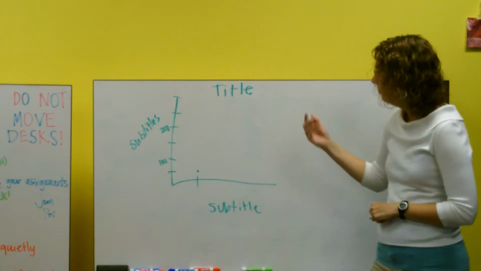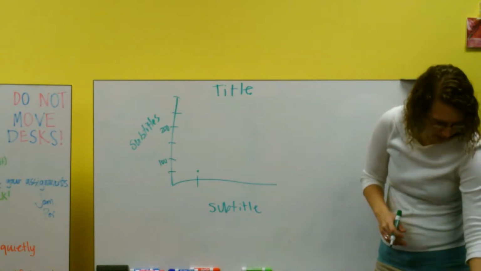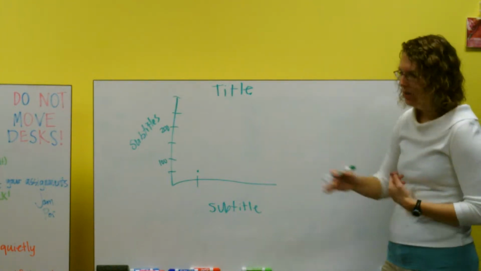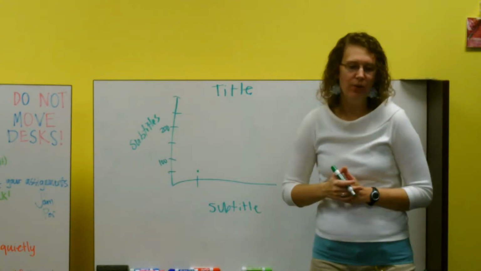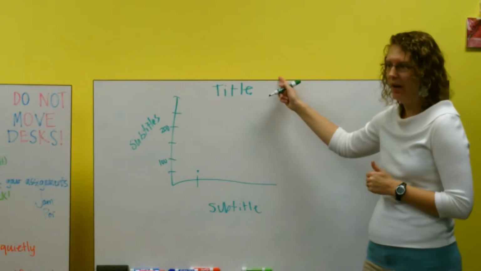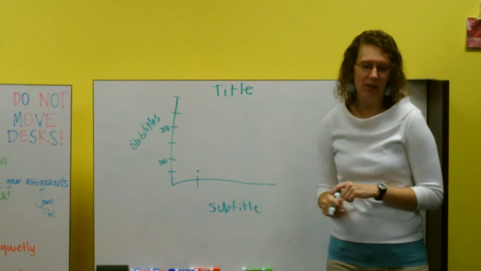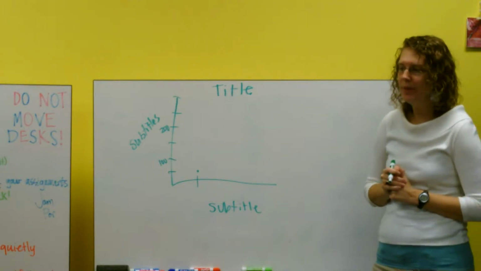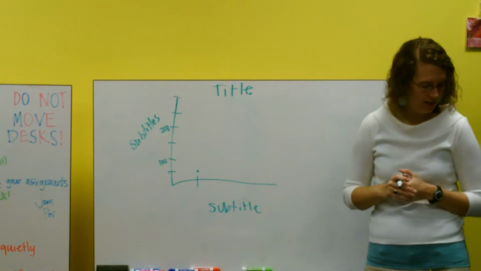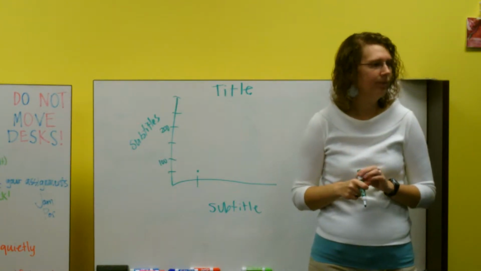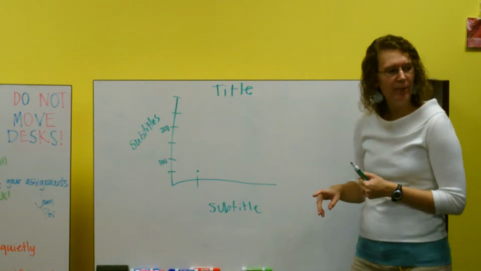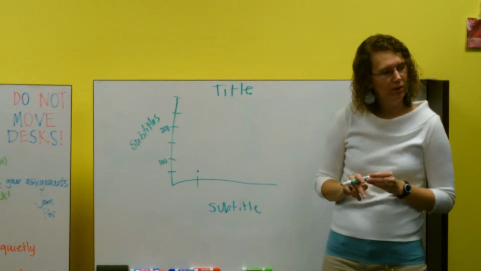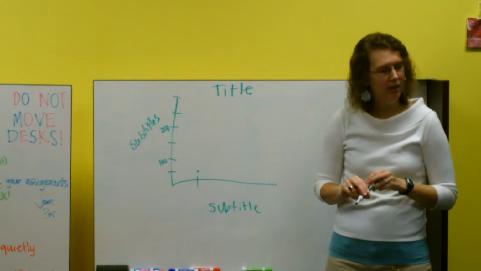All right, what about our subtitle? So we've got a title. The title that they give this graph is new car sales. So we know that this graph is going to be about new car sales. But is that enough? What's the purpose of my subtitles? Destiny? To explain what it represents?